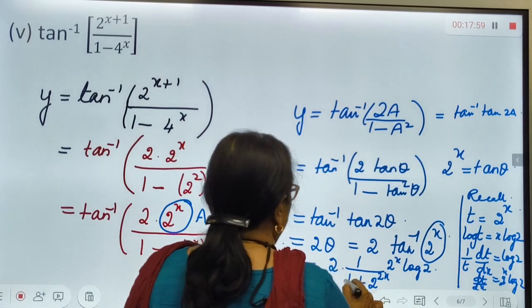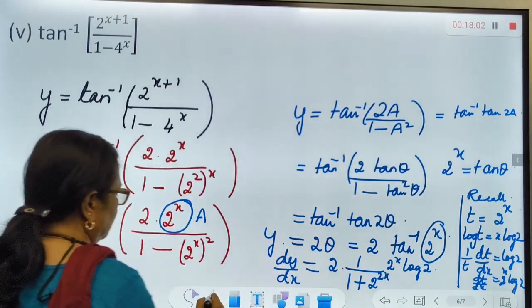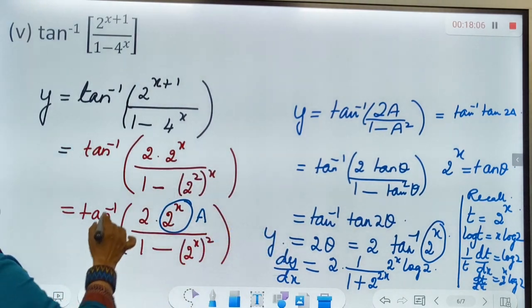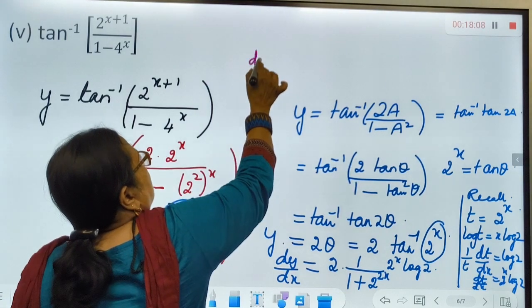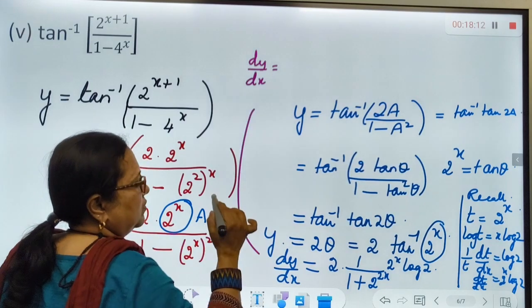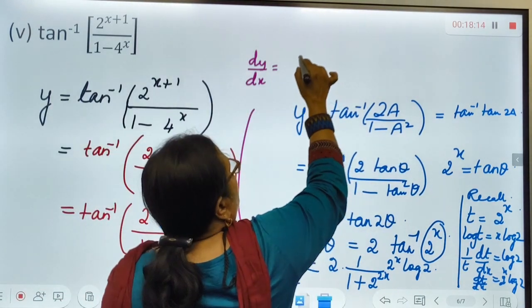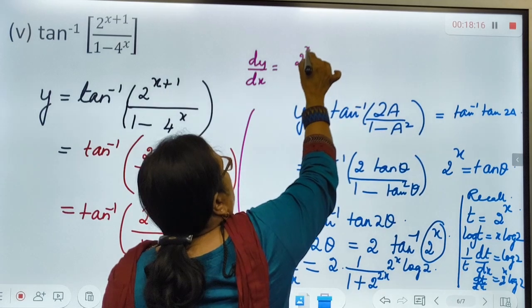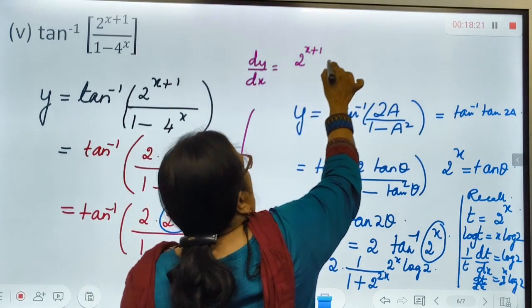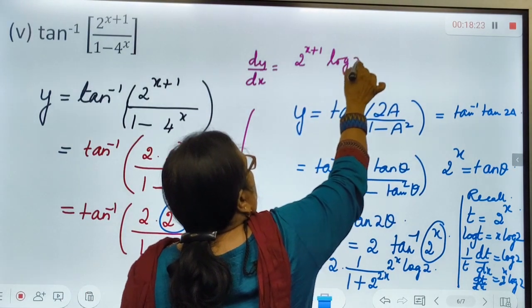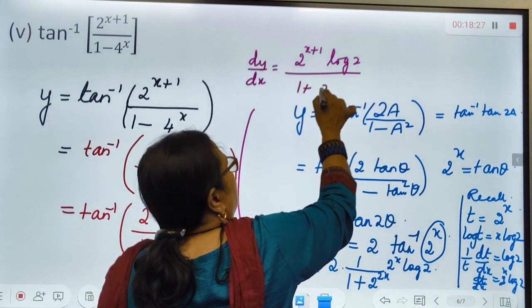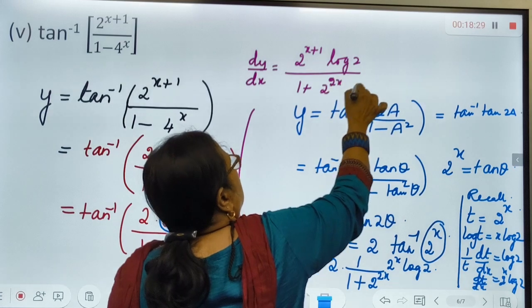So we have dy by dx equal to 2 power x plus 1, because we have 2 into 2 power x log 2, by 1 plus 2 power 2x.